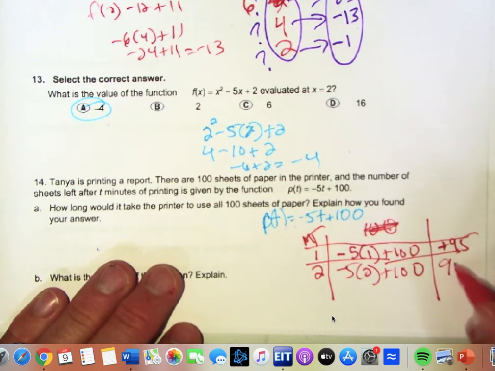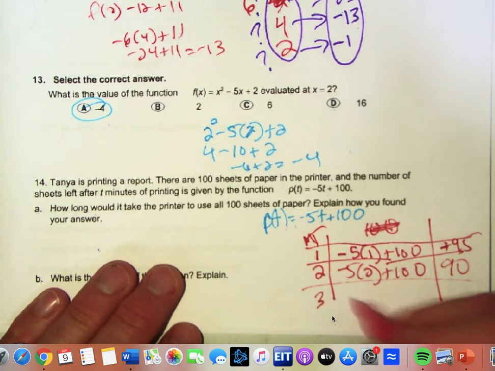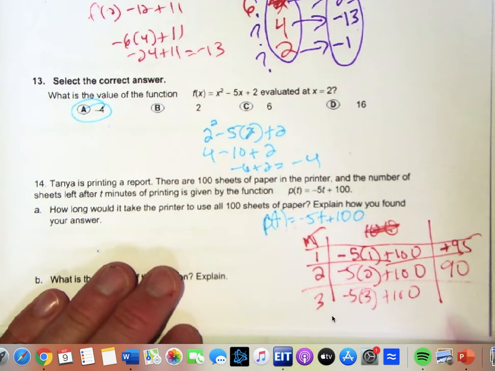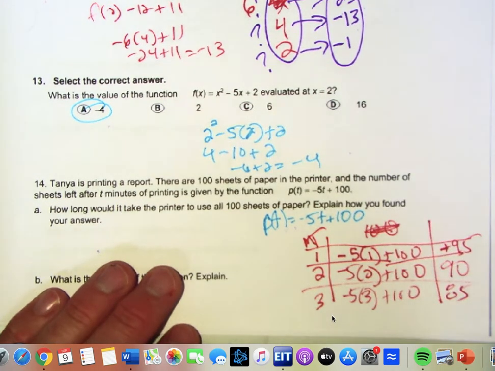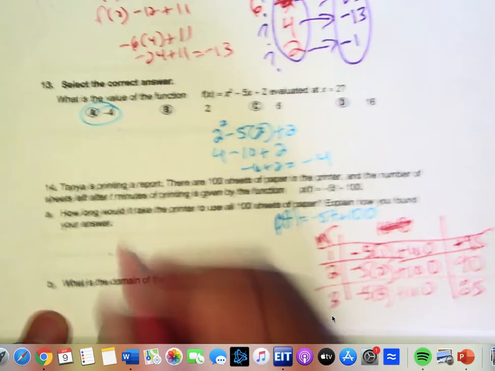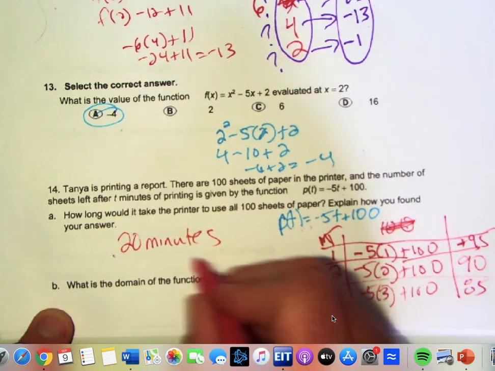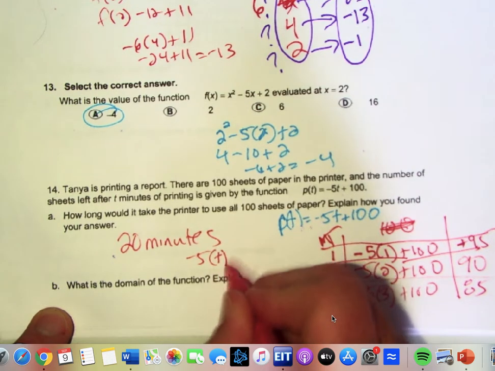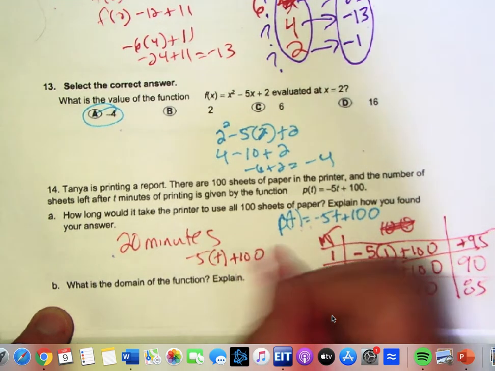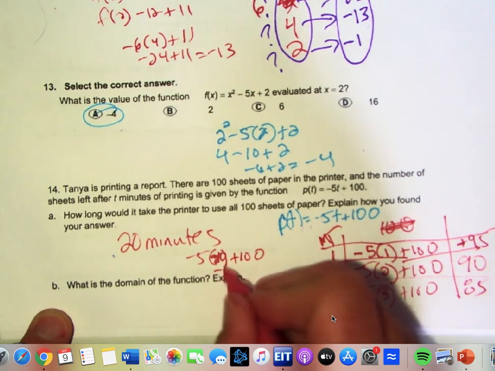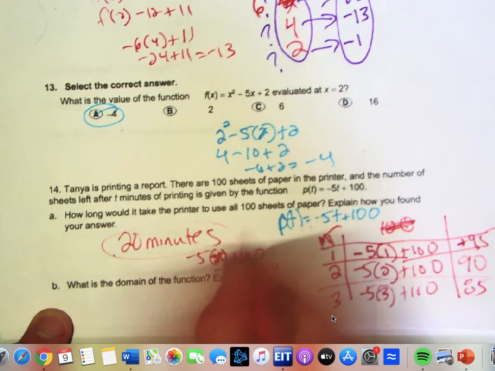And then you're left with 90 after 2 minutes. 3 minutes, 85 left. So I think it's going to take 20 minutes, because -5 times 20 plus 100 equals 0. Yep, so 20 minutes.